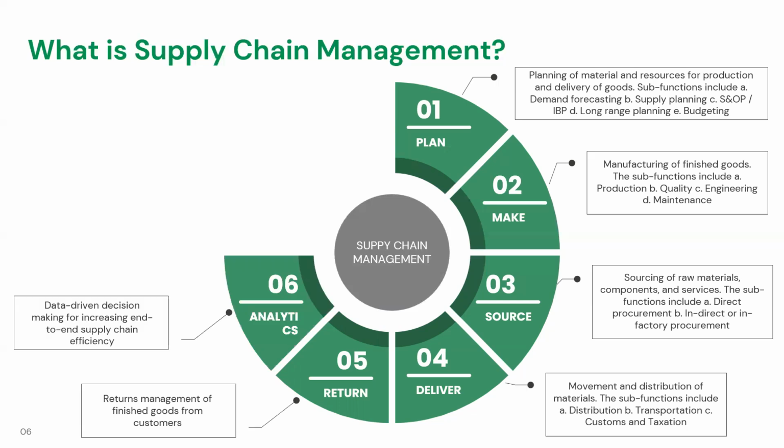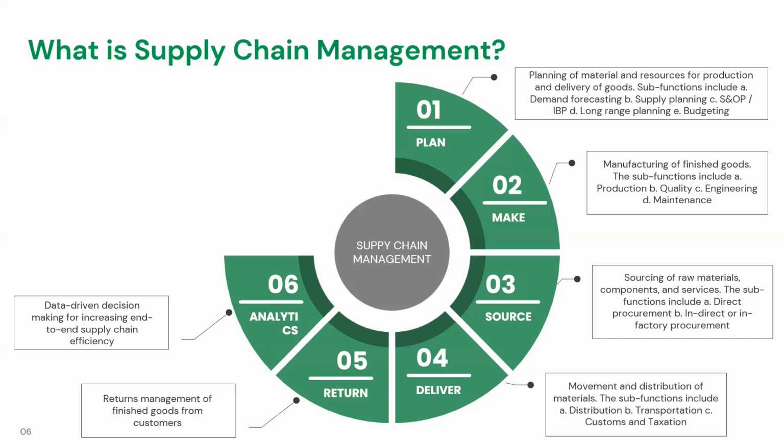Now, from 1 to 5, these are the critical functions as per the SCOR framework, which is the Supply Chain Operations Reference, an industry standard, industry recognized. Beyond that, there are some additional functions also that work with the supply chain core functions to ensure that supply chain operations are seamless, correct?